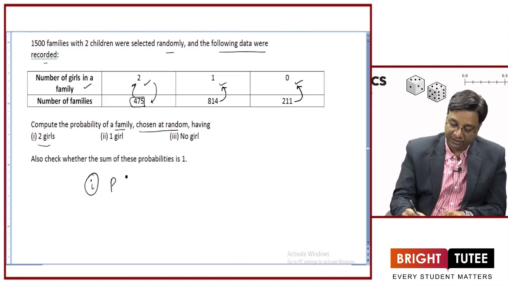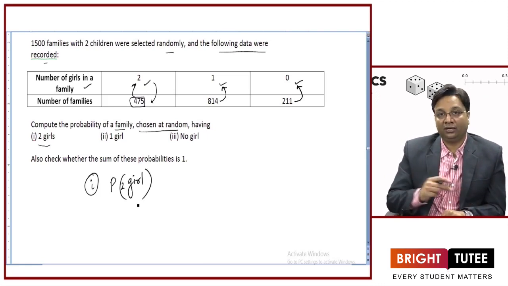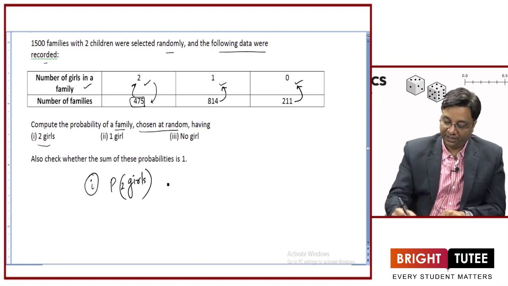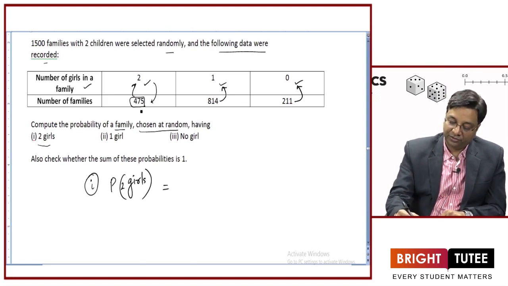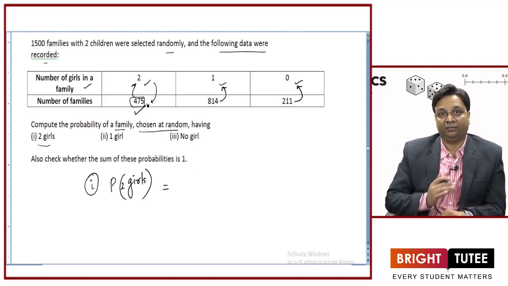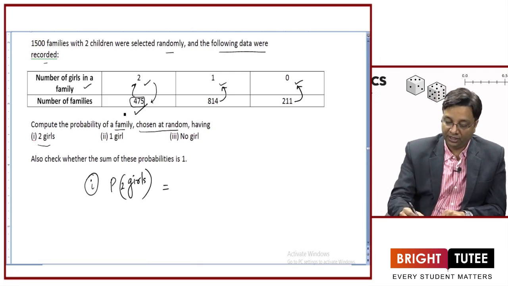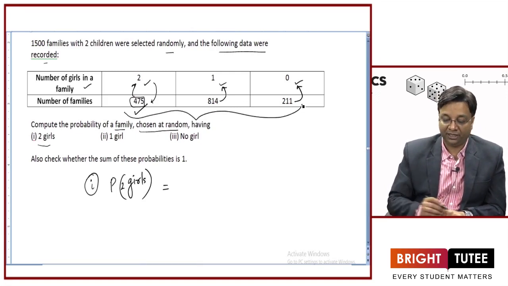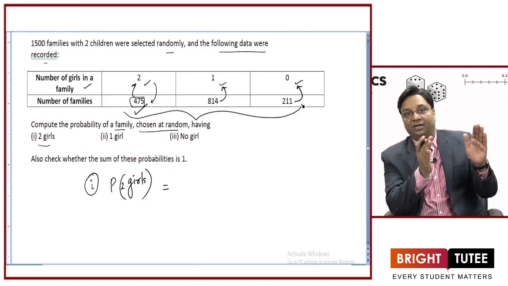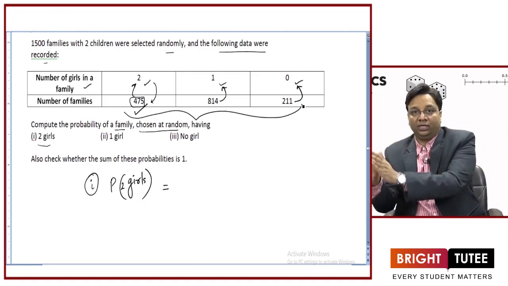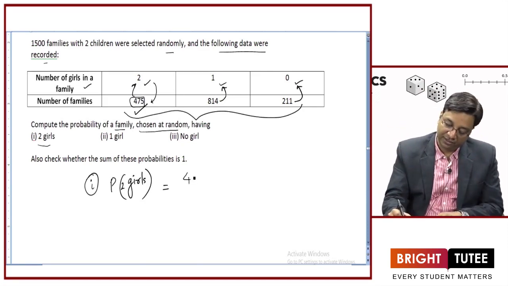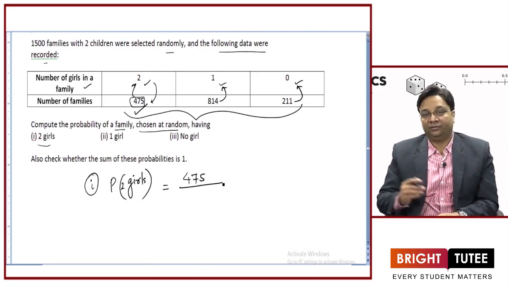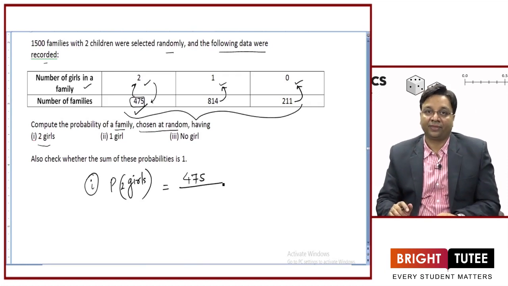So the probability that a family picked at random has 2 girls in their family is equal to the number of times the event happened. Out of these 1500 families, 475 have got 2 girls. So 475 is the number that will come in the numerator, right?